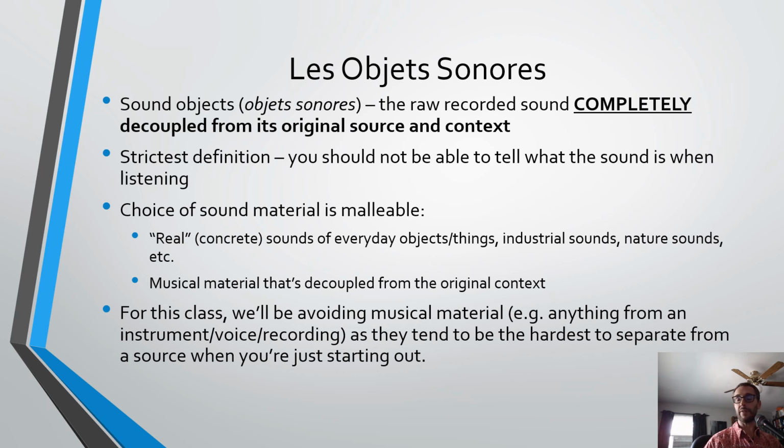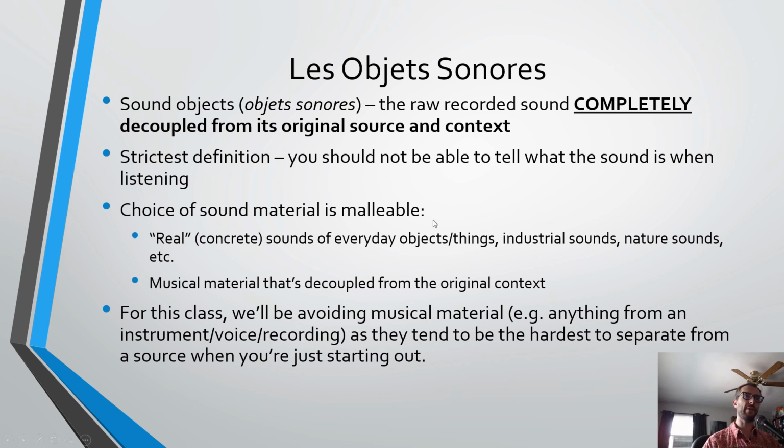Well, in the strictest definition, it means that when you hear a sound object in a piece of musique concrète, you should not be able to tell what the sound is when you're listening to it. That you should have some sort of ambiguity, that not being able to see the sound being produced, your ear should maybe have an idea that it sounds similar to something, but you shouldn't be able to 100% say with any certainty what the sound is.